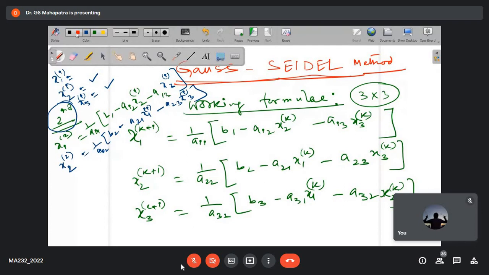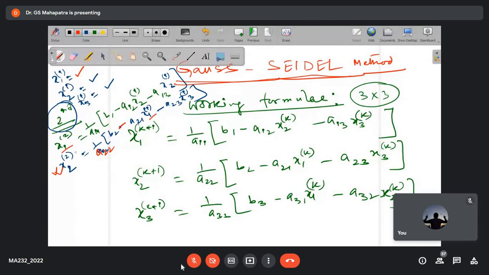Now when we start this second iteration and find x2 (2), what is the answer? 1 by a22, b2 minus a21 x1. Here x1 you are using from the previous iteration, but if you check, an updated x1 value is already there in that same iteration.